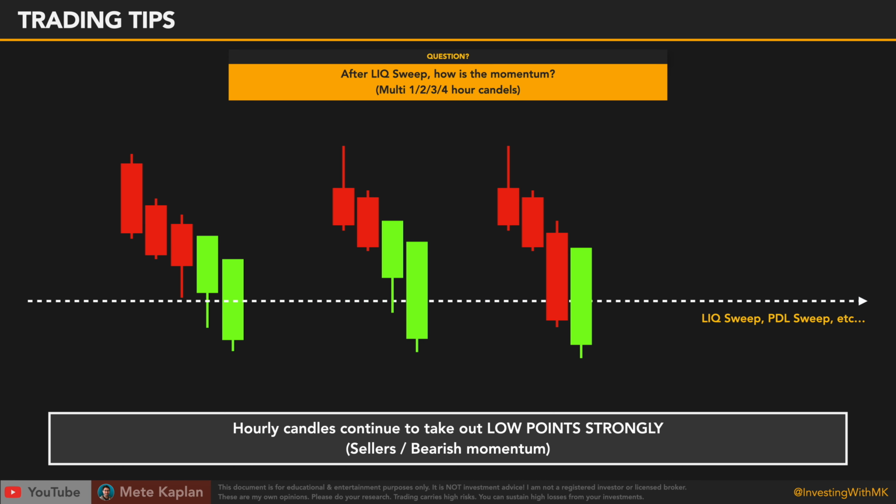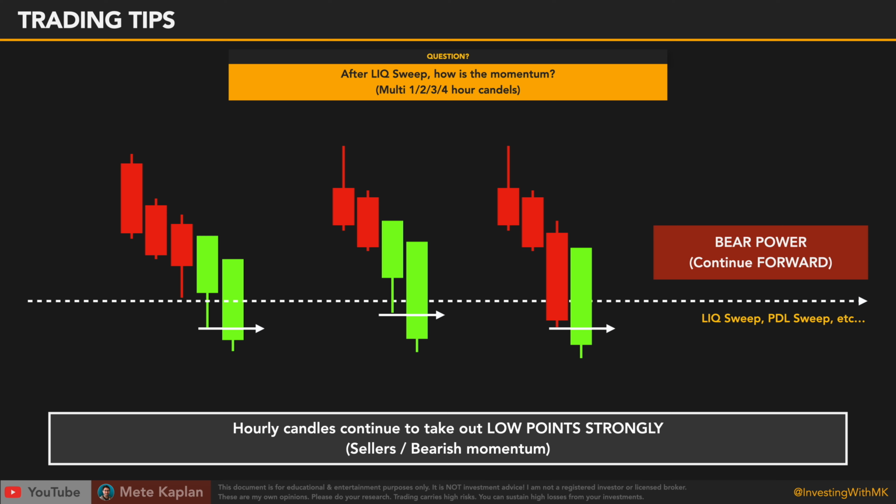What you see here is the 1, 2, 3, or 4 hour time frames together, basically mostly hourly candlesticks. Since we are day traders, hourly candles are really important. If you notice price action like this one here, price continues to take out the low levels with strong breaks. This means there is still weakness in the price.